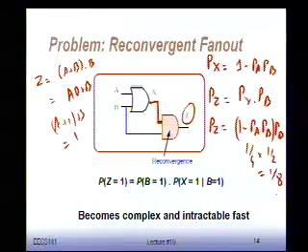that we ignored the fact that x and b are not independent of each other, but dependent. The probability that z is equal to 1 is the probability that b is equal to 1 times the probability that x is equal to 1 given the fact that b is equal to 1.